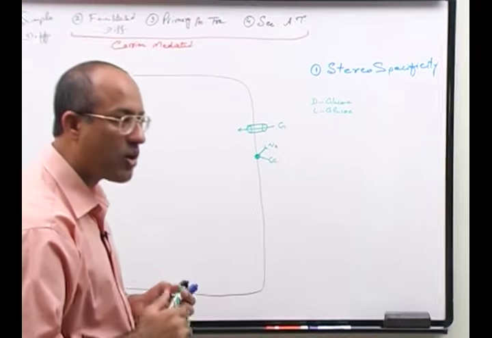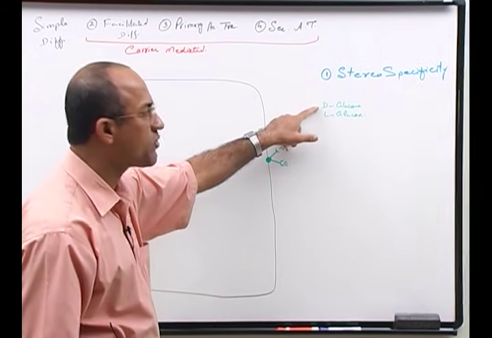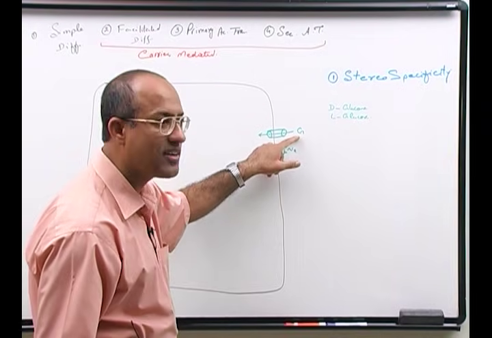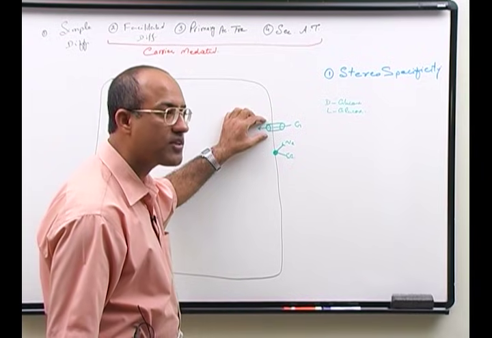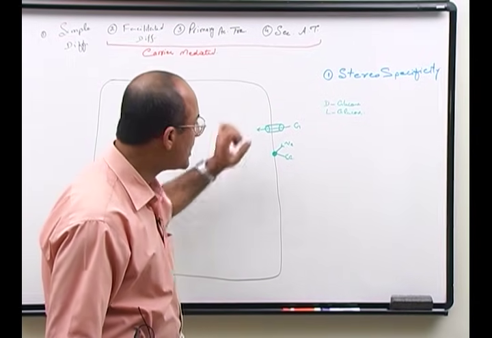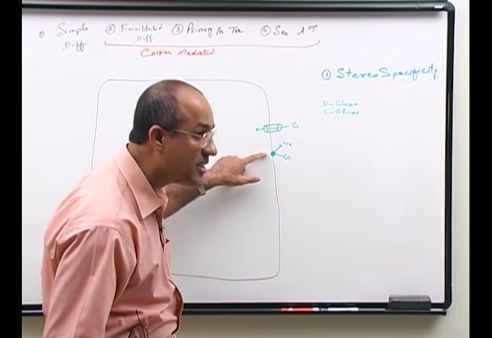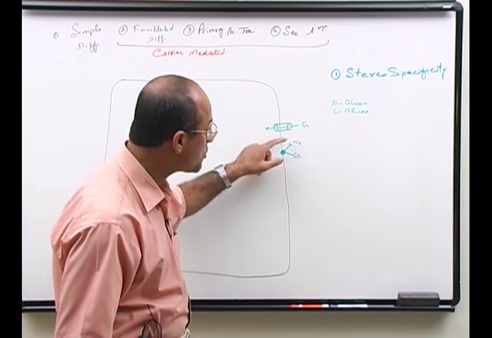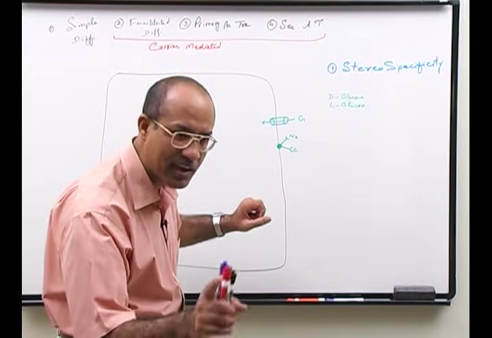In our body, the glucose transporters are specific for D-glucose, and if L-glucose binds there, they will not transport it. So these transport mechanisms are specific. If there is a sodium glucose transporter, this same protein cannot transport sodium and amino acid. For the transportation of sodium and amino acid, we need a different carrier. Am I clear to all of you?